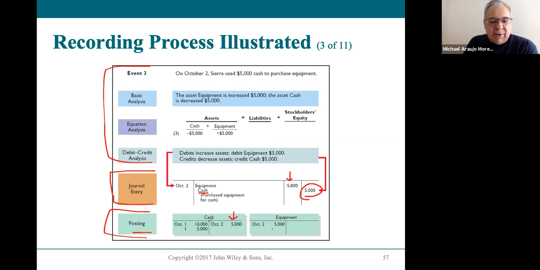Okay. Now, this sets up a very interesting thing because the cash account is a very active account, no doubt about it. And one of the things you're going to be asked to do is tell us what the balance of an account is. So when you look at the cash account, you have 3 things that happened in the cash account so far. We had a debit of 10,000, a debit of 5,000, and a credit of 5,000.